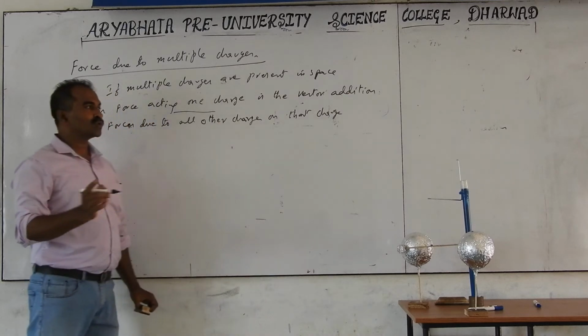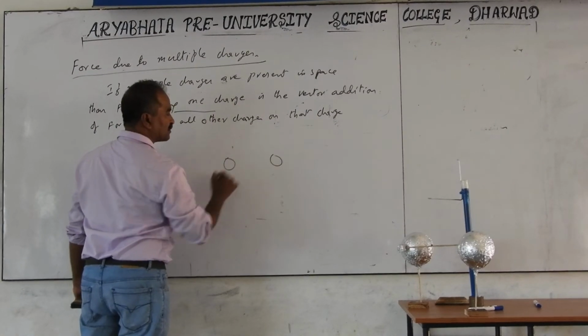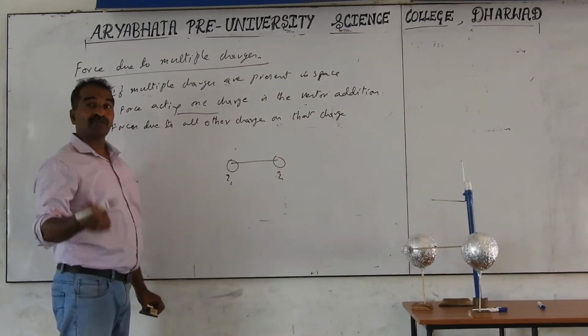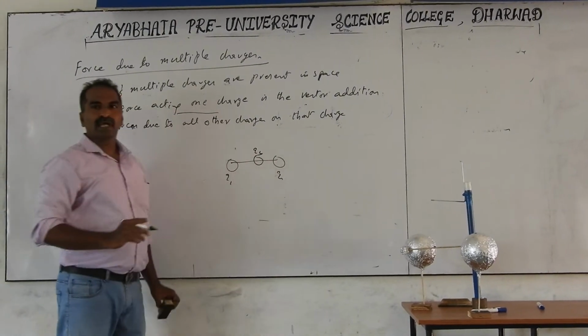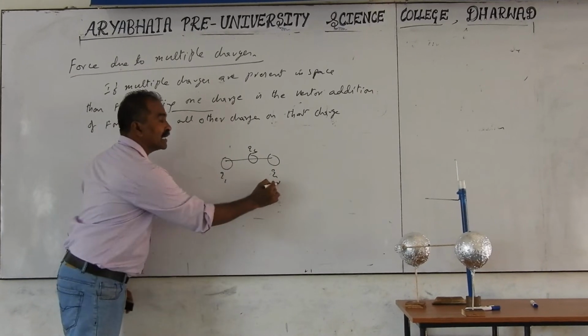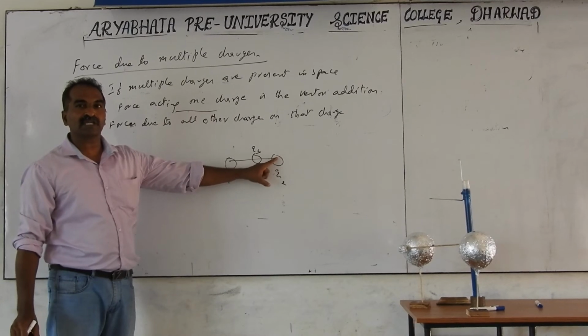Now take two charged particles, Q1 and Q2. Some force acts between these two, F12. If I keep one more third charge anywhere, I can call it Q3. If you add one more charge, the first force between Q1 and Q2 will not be affected. It remains the same, say 2 newtons.